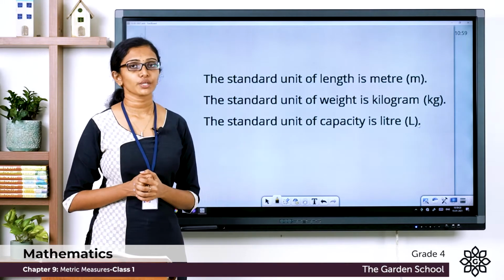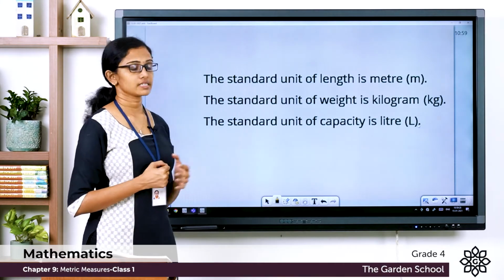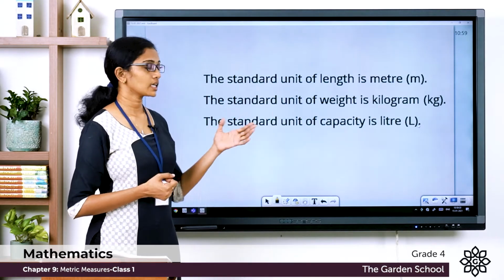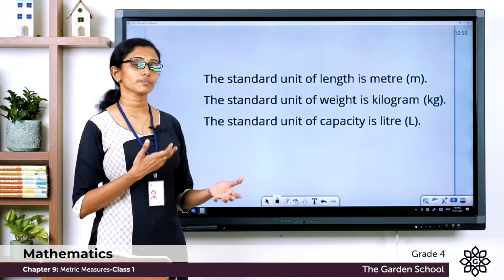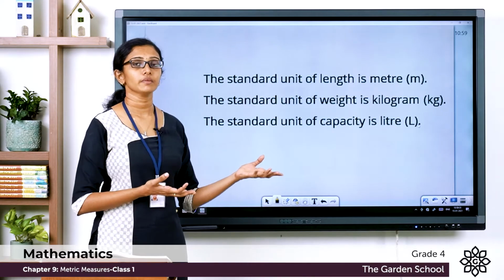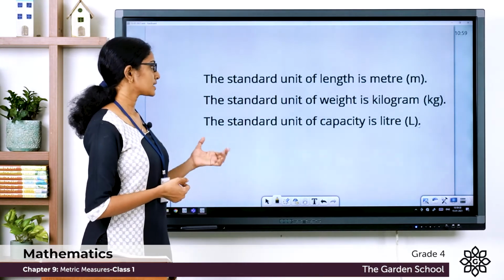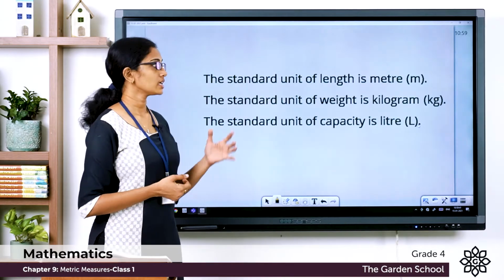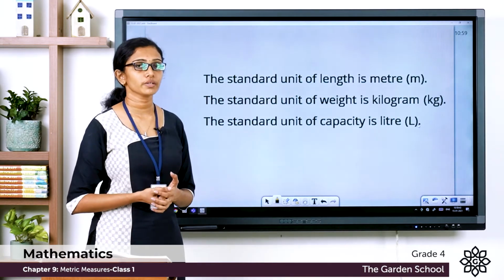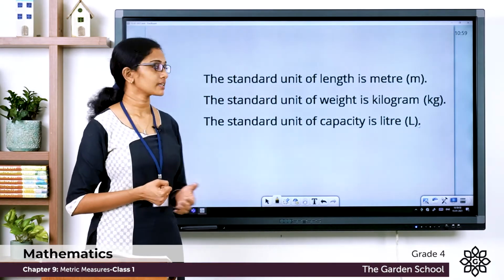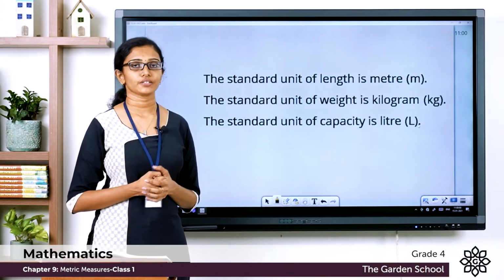But the standard unit of length is meter, and the standard unit of weight is kilogram, even though some commonly used units are gram, milligram, etc. And the standard unit of capacity is liter. There are also other common units such as milliliters and kiloliters, but the standard unit of capacity is liters.